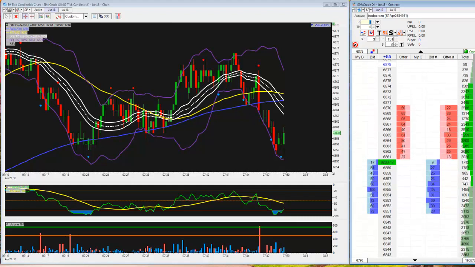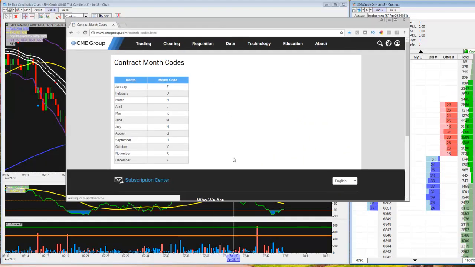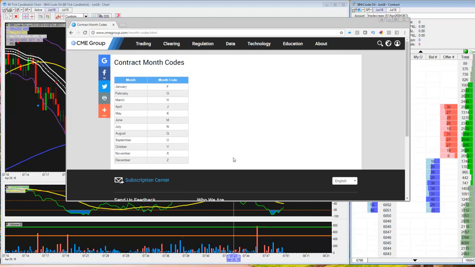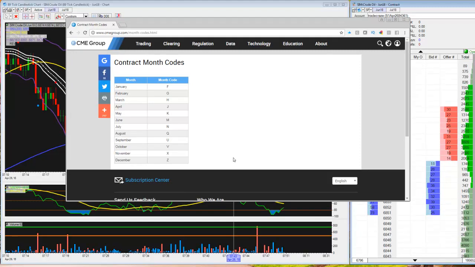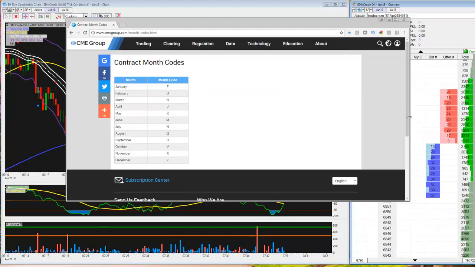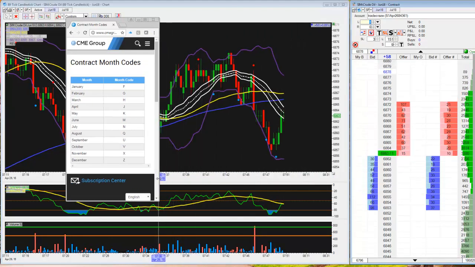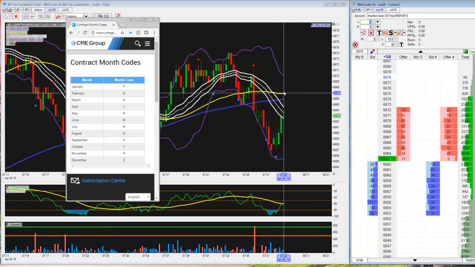Commodity month codes. I got this from CME Group, just commodity month codes. I'm minimizing this so that we can keep our eyes on the current market.